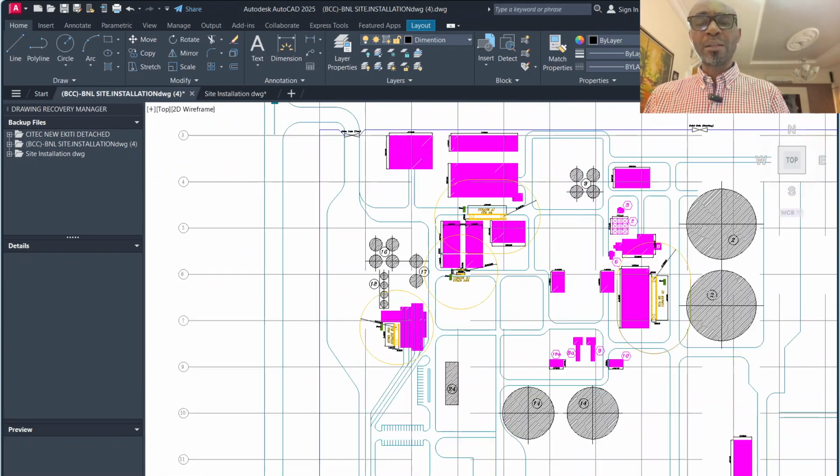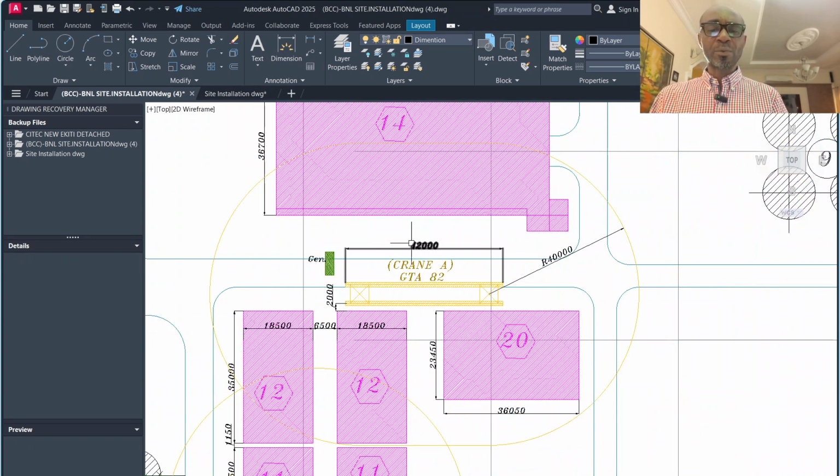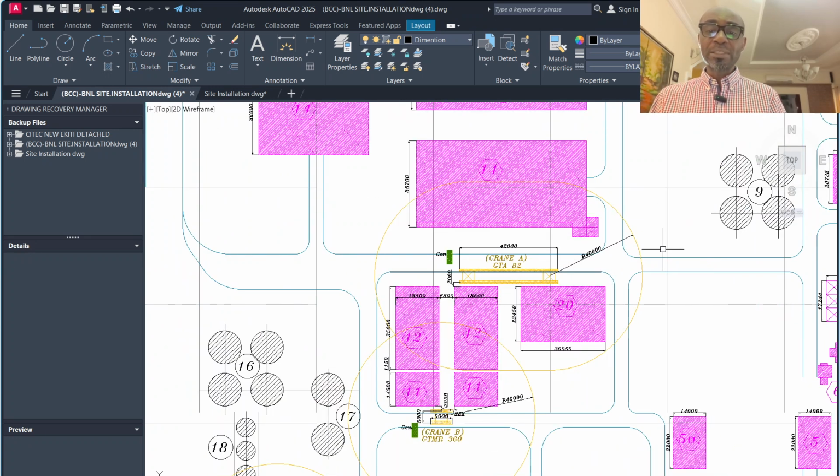So then you see this other crane as well is going to be traveling 42 meters. And the span, because they wanted this crane to cover this building and part of this building, while this other crane that is going to be stationed will cover the larger portion of this structure, 11 and 12.